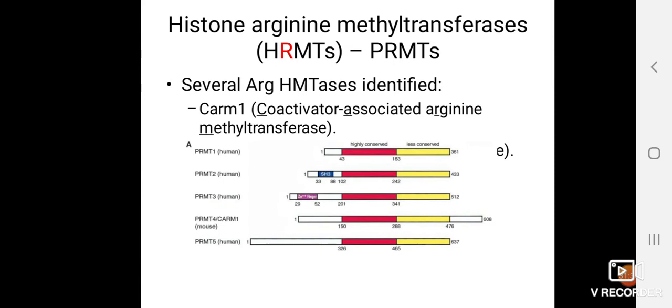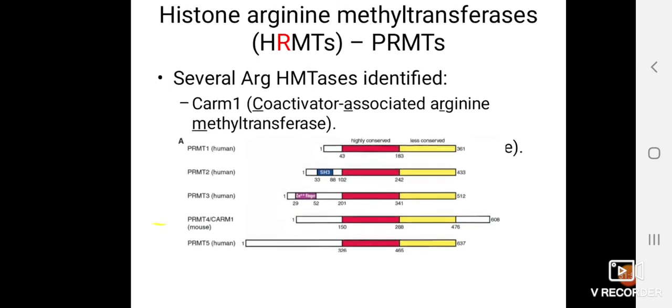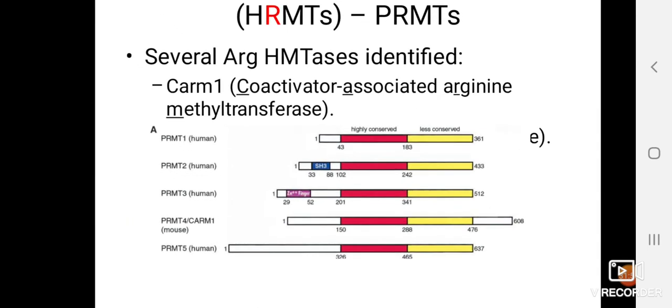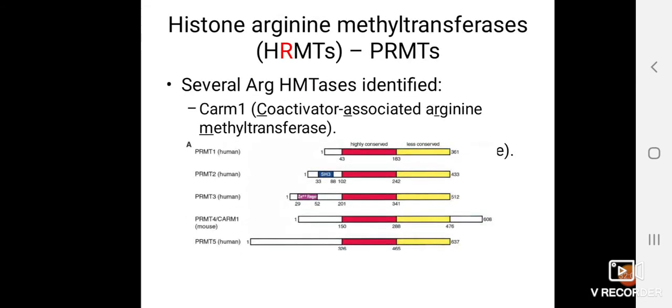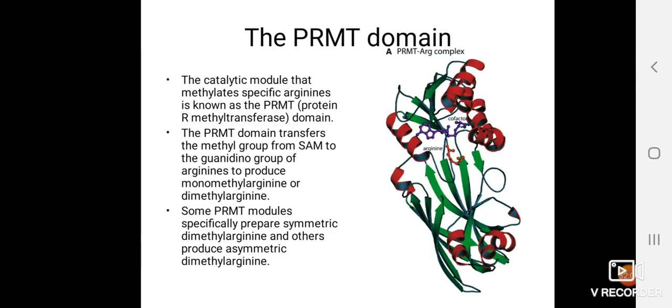Further, there is arginine methyltransferase, HRMTs or PRMTs. The protein arginine methyltransferases are also called so. Several HRMTs or PRMTs are identified, such as CARM1, the coactivator associated arginine methyltransferase. There are several of these proteins involved in transferring methyl groups to arginine.